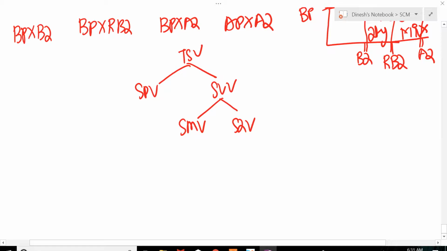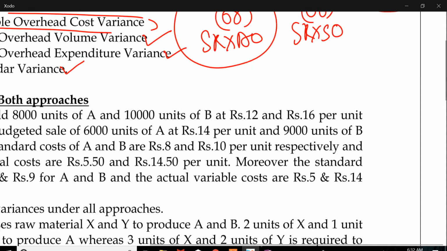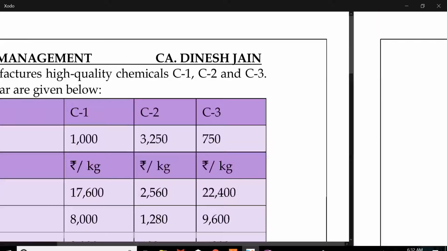Next point, BQ refers to the quantity to be sold. And AQ refers to the quantity actually sold.